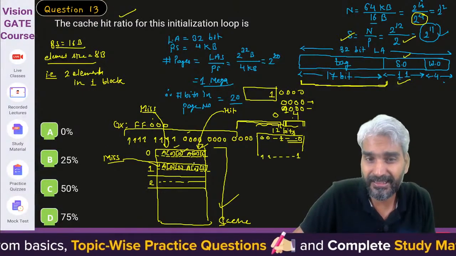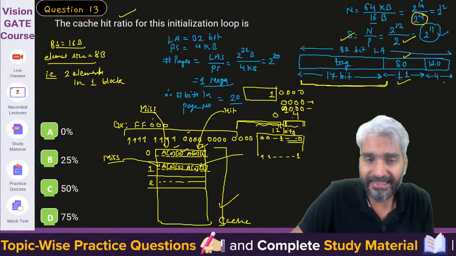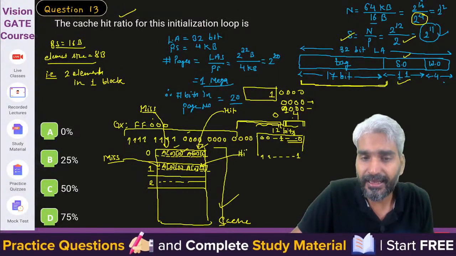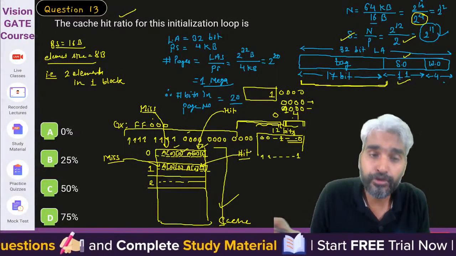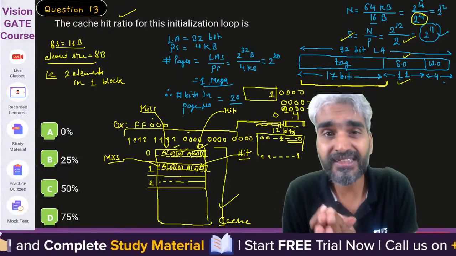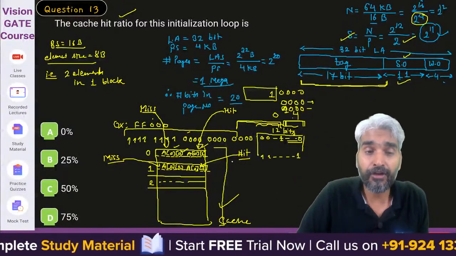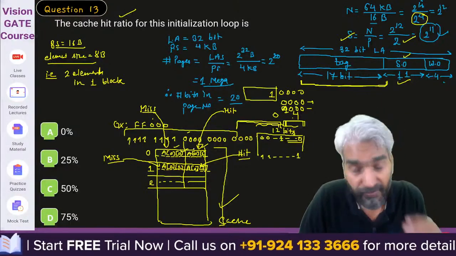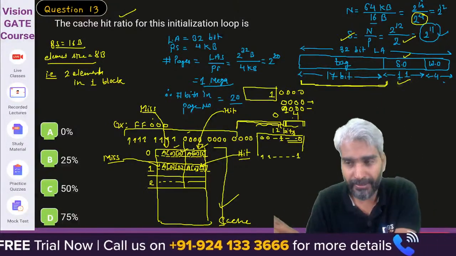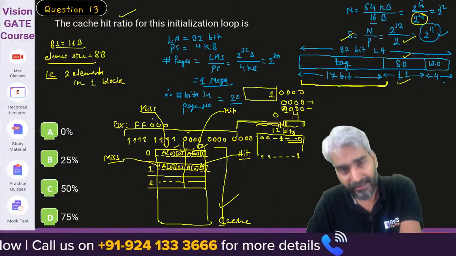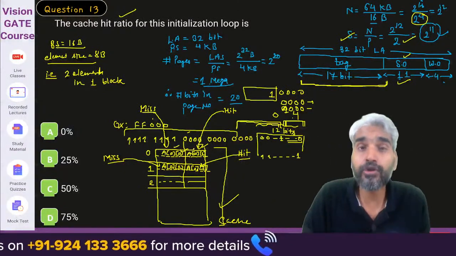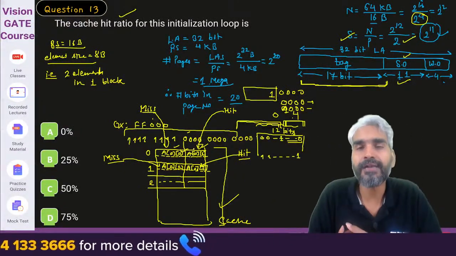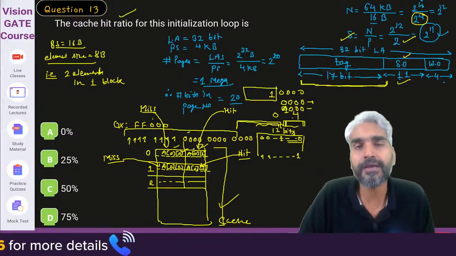Next, A03 will be a hit. Then again miss, hit, miss, hit. So 50% of them will be a miss, and 50% of them will be a hit.